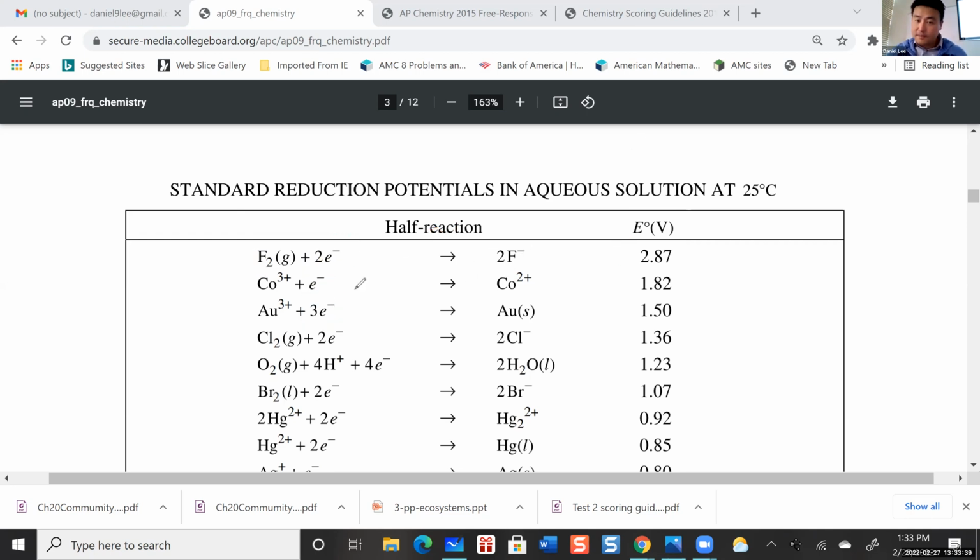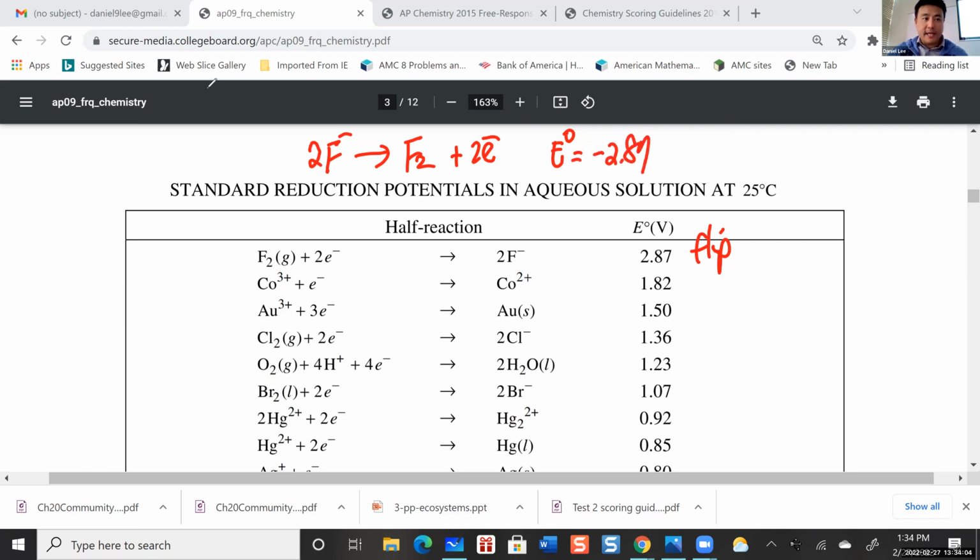Now, if I flip this, I will have an oxidation of fluorine. If you look at the F minus, if I flip this, it's going to become F2. If you balance it, you put a 2 to balance the number of fluorine, and you put 2 electrons here, and the E value will be equal and opposite. So in this case, it would be negative 2.87.